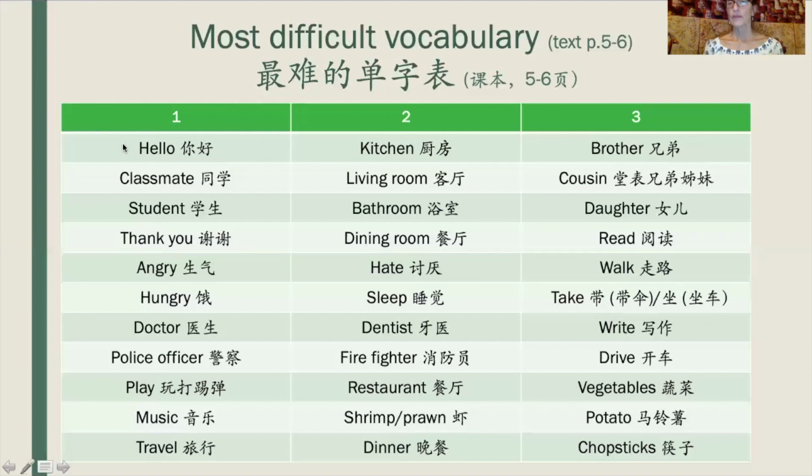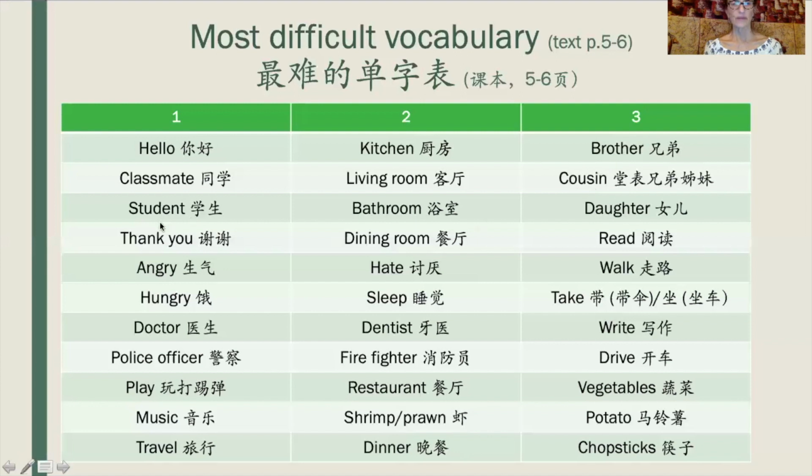Hello. Kitchen. Try to say it with me. Kitchen. Brother. Classmate. Living room. Cousin. See this S here? It has like a Z sound, like Zao. So cousin.